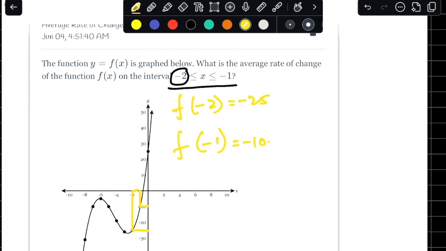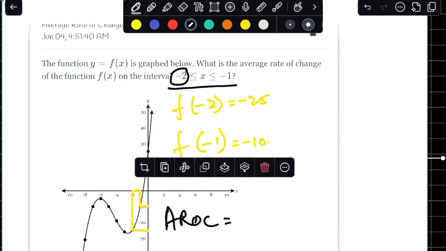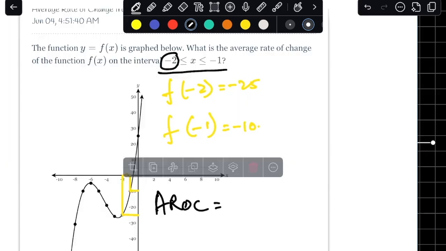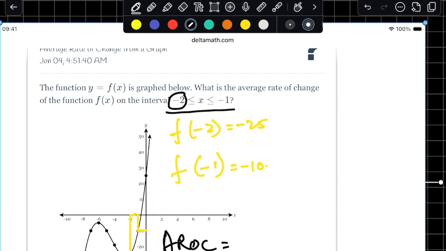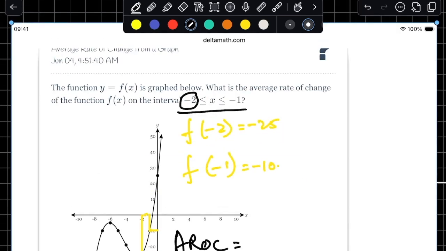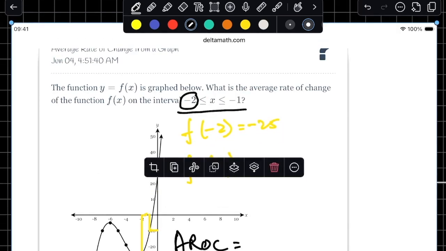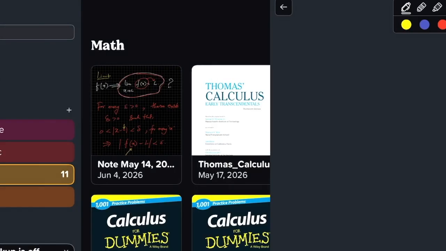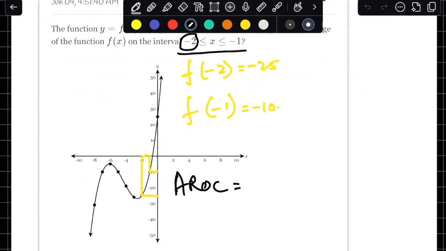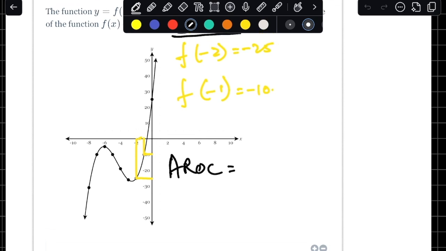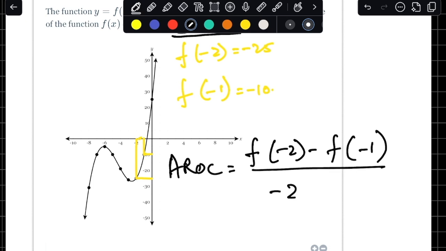So now the average rate of change is f of -2 minus f of -1 over -2 minus -1. So this is the formula.